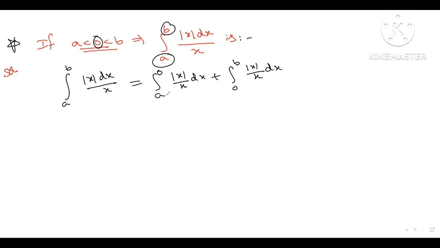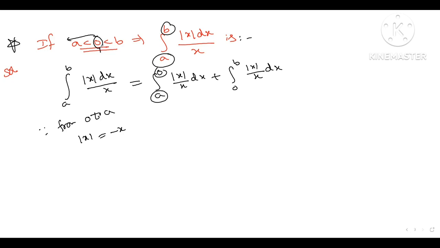So from a to 0, the modulus of x is equal to minus x. Why? Because from a to 0, x is less than 0, so the modulus of x is minus x.